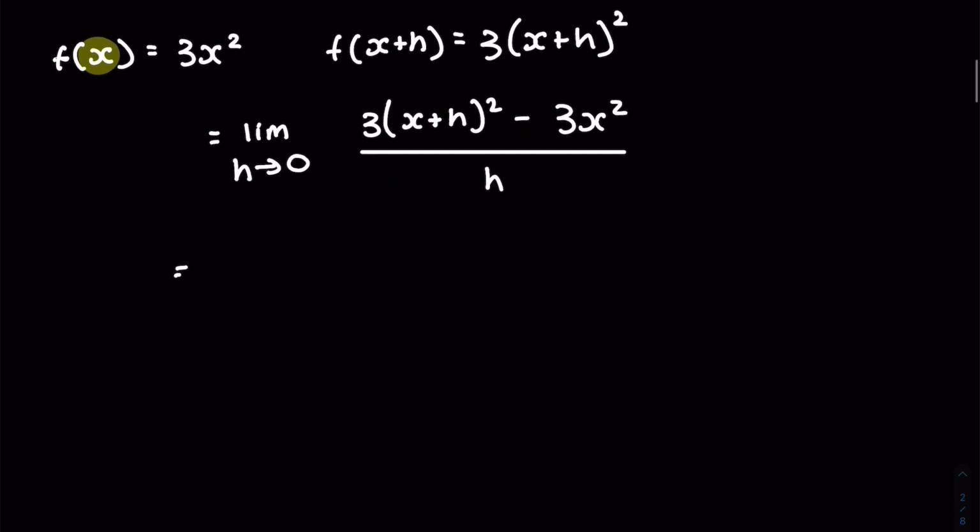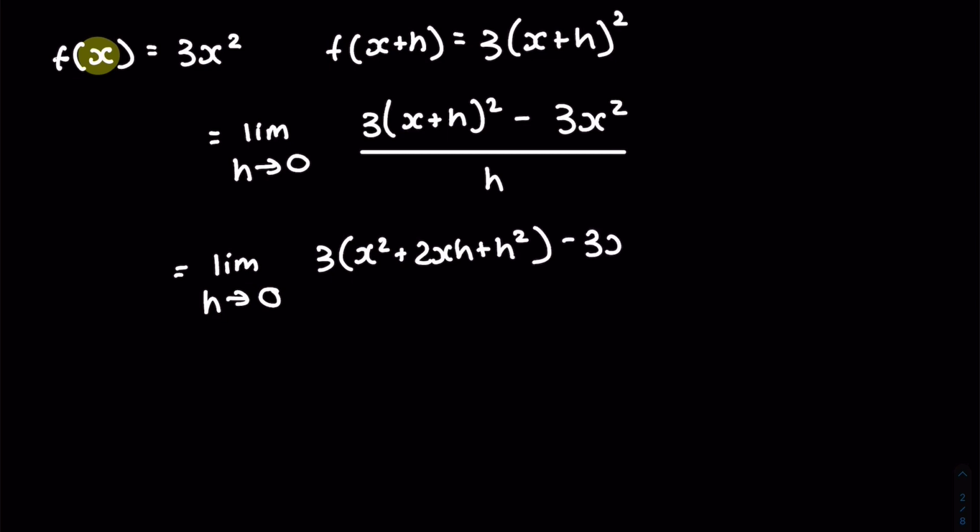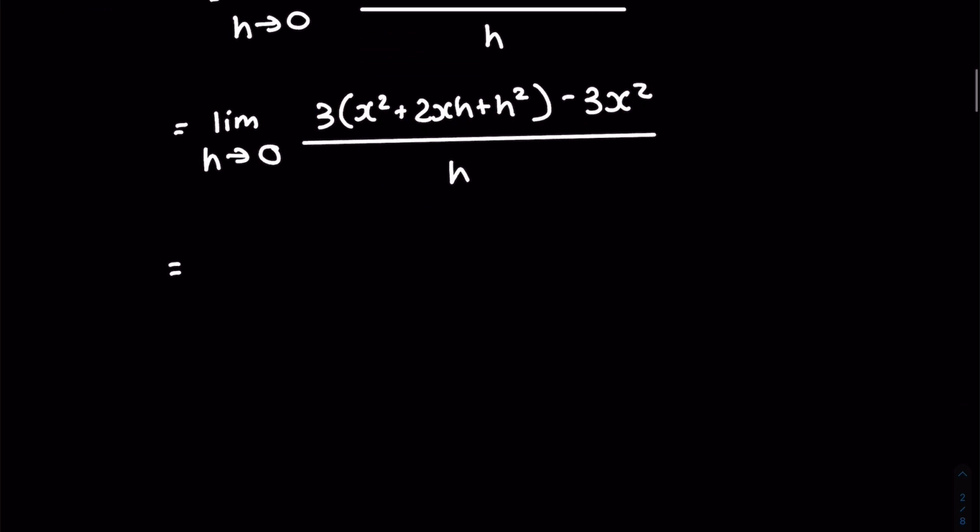So we expand this, since that's the only thing it looks like we can do. We're going to have 3 lots of x squared plus 2xh plus h squared minus 3x squared, all on h again. And again, we write another line expanding this.